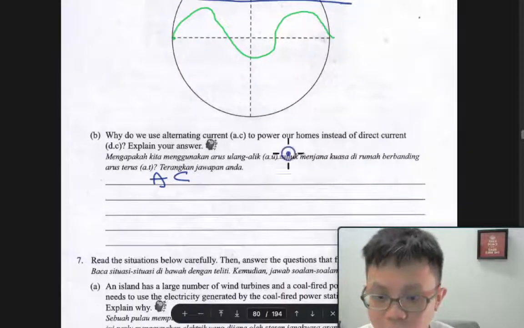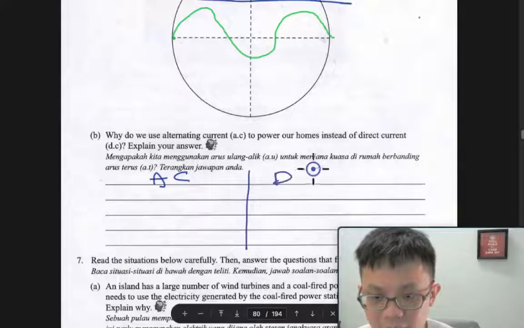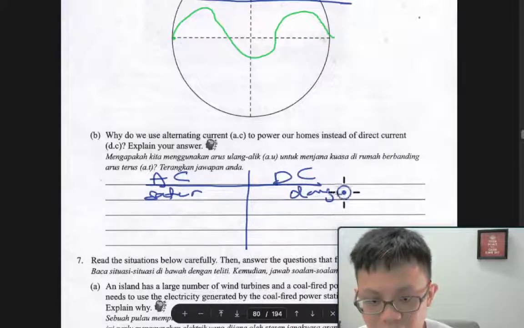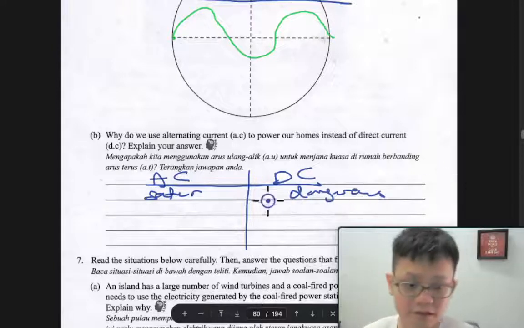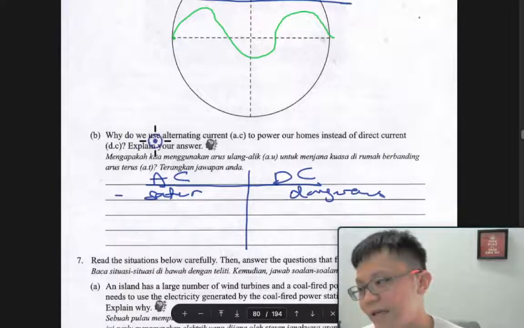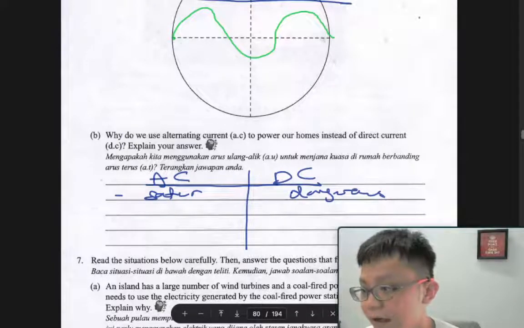And we know our home is using AC because first, AC is safer. DC is safe, AC is safer. This one is more dangerous. I just do point form so that you can do your own. One more thing we can say is the alternating current saves electricity.